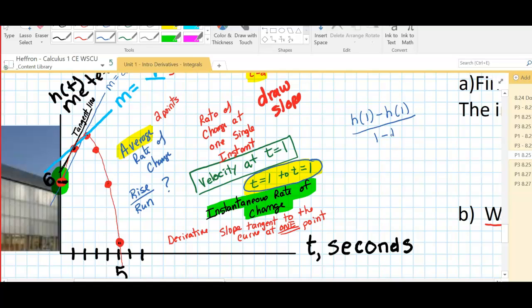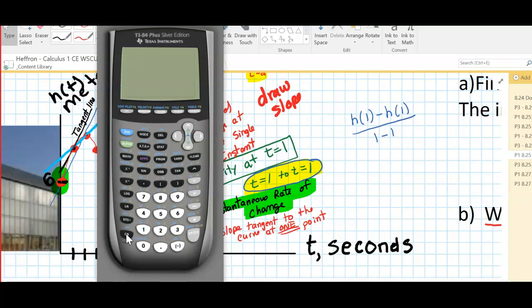I want you guys to try that on your calculator. Do just what we did. I'm going to do it too. Let's see what happens. So I'm going to just edit what I had before. But everything gets a 1 this time. Height or y at 1. We keep that 1. There's a 1. And that's a 1. And I hit enter.